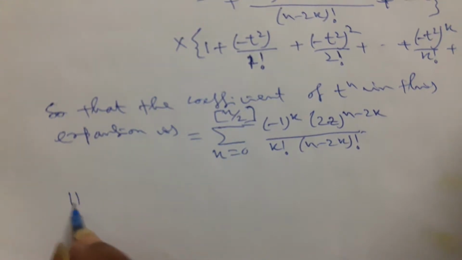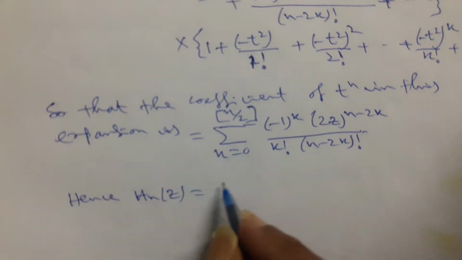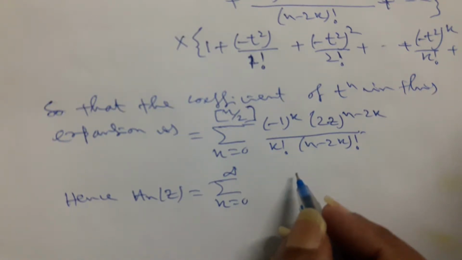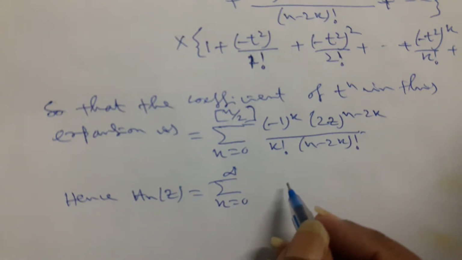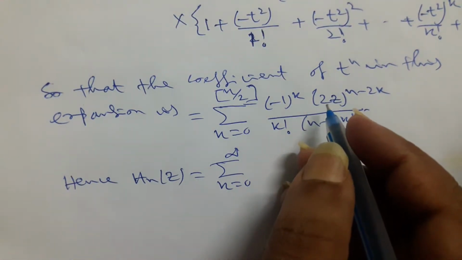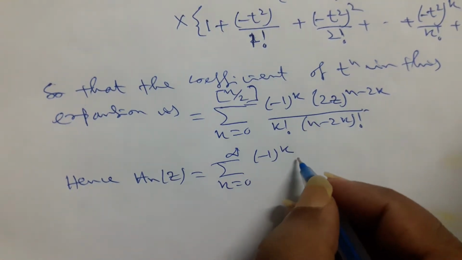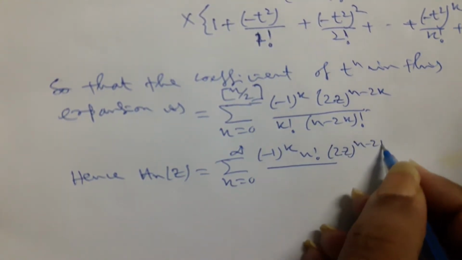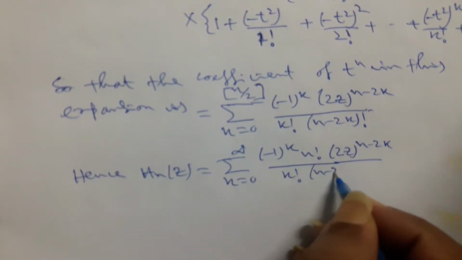Hence we can say H_n(z) equals the sum of k equals 0 up to infinity, if we take it in an infinite way, minus 1 whole to the power k, n factorial by, 2z whole to the power n minus 2k by k factorial into n minus 2k factorial.